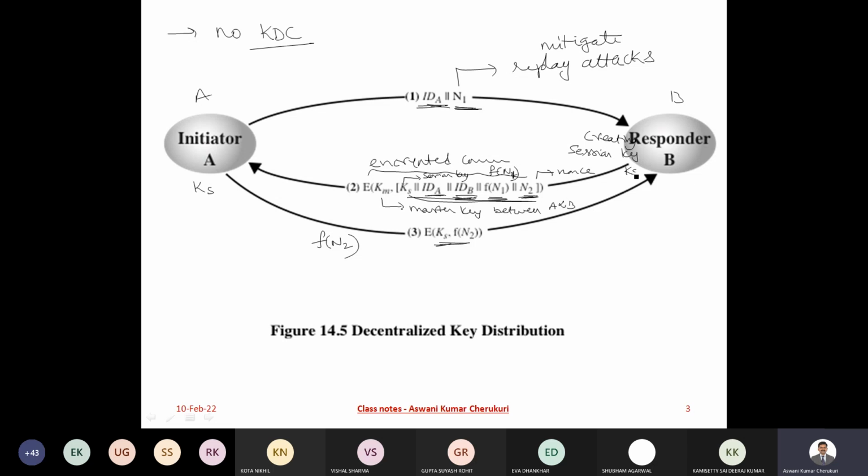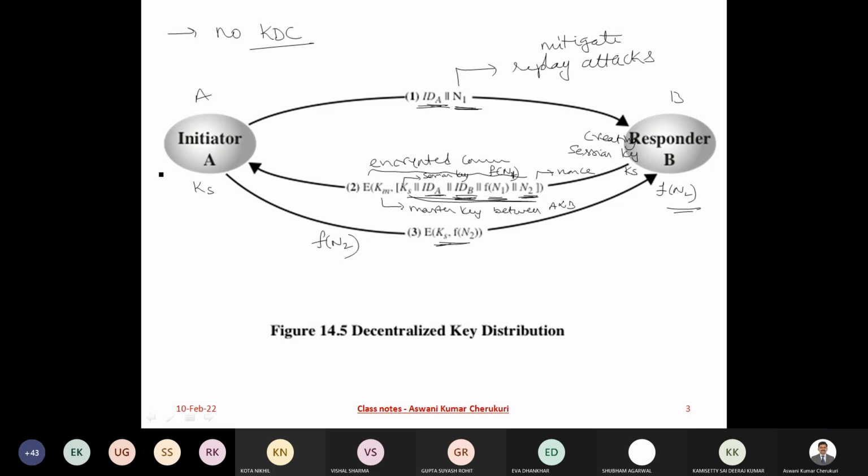B already has the session key. So B will get f of N2 and understand that, yes, I sent N2, A performed that arithmetic operation, and now I got f of N2. That means the session key that I sent in the second step was received by A. This is called a decentralized key distribution scenario.